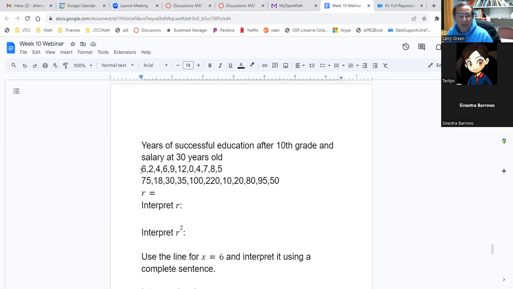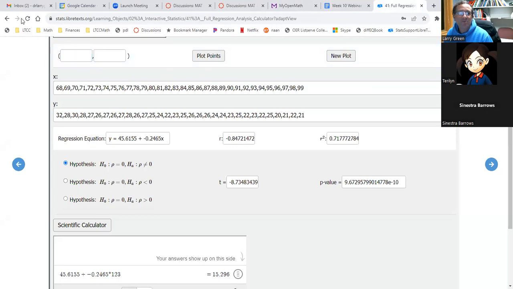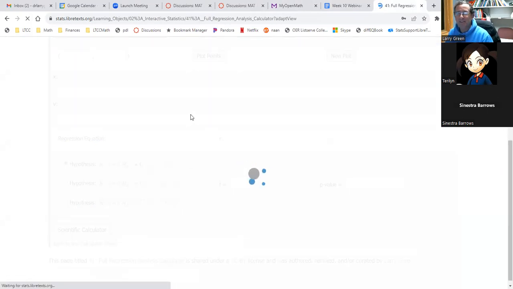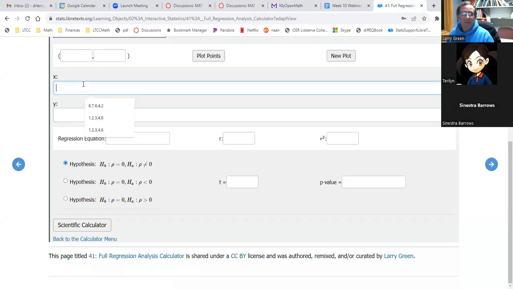Okay. So what I did is we looked at this and we have some data, and I could put the data into the program. I'm just going to refresh. I could also do a new plot, but it does the same thing. And my X values are here. By the way, notice that this person dropped out of school in 10th grade.